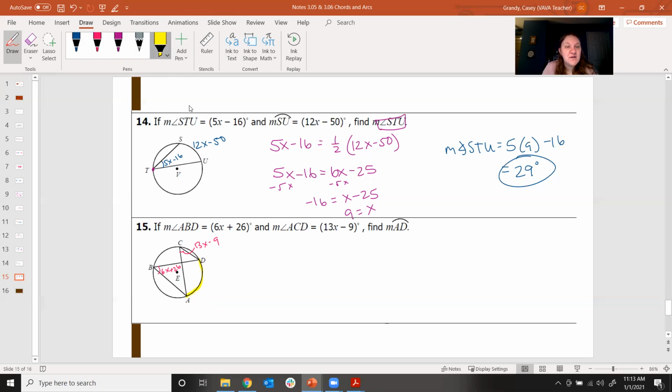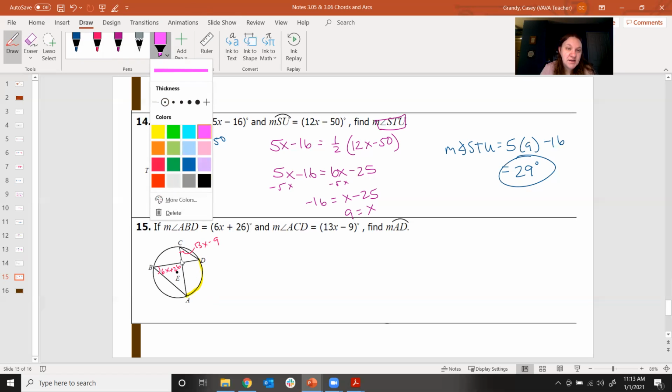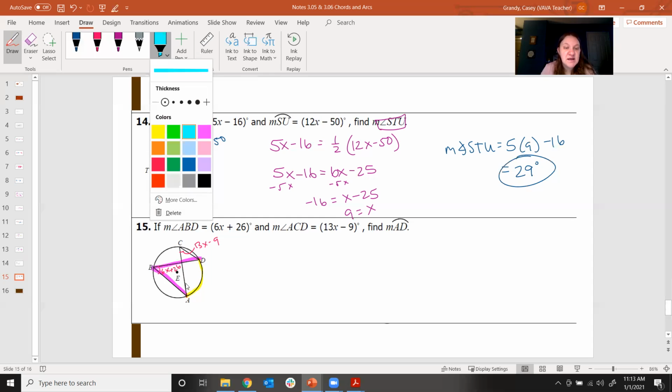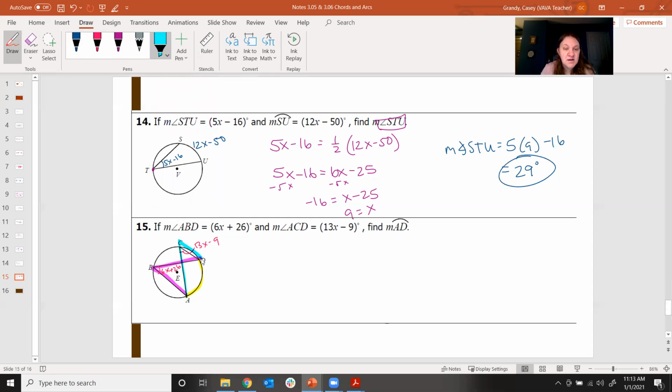Well, now these two angles intercept the same arc. Here, angle ABD intercepts arc AD, and angle ACD intercepts arc AD. So since they intercept the same arc, that means those angles are congruent. So I can say that 6x plus 26 has to be equal to 13x minus 9.